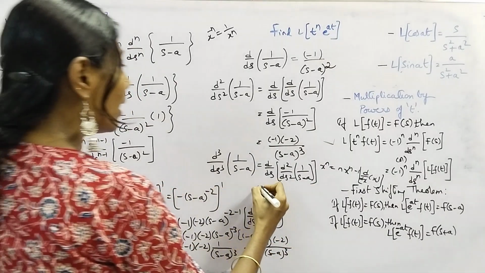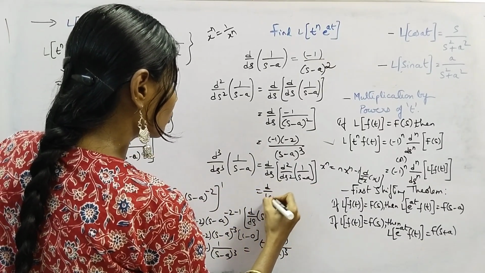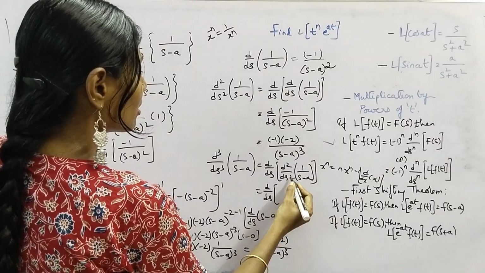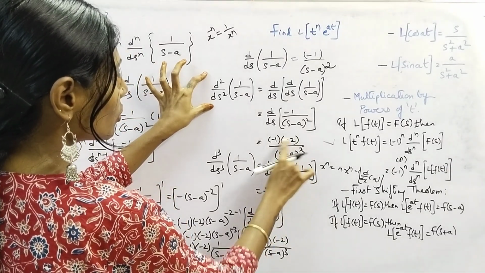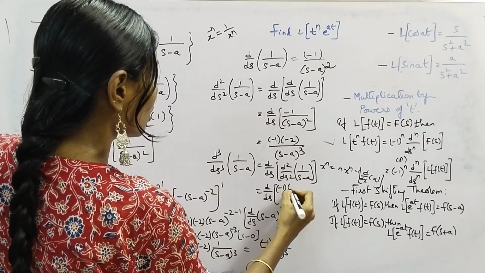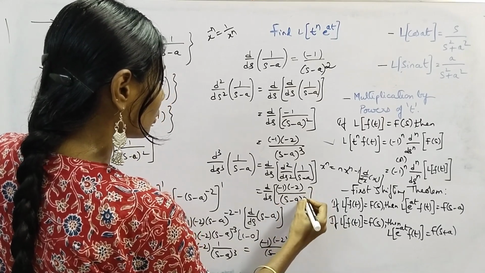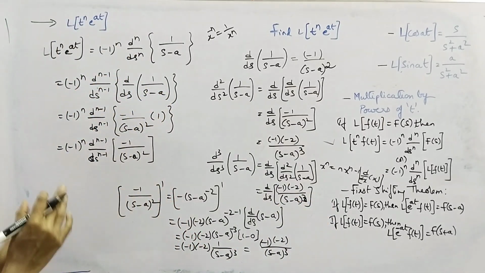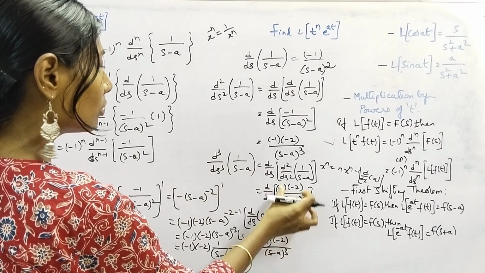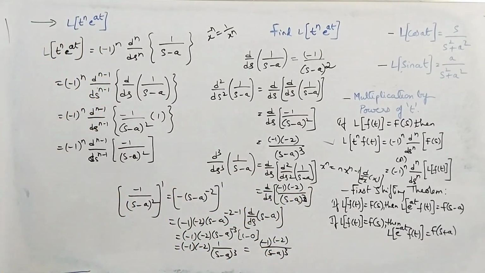I have the value of d square by ds square of 1 by s minus a, which is minus 1 into minus 2 by (s minus a) whole cube. Clear? Now let's find the derivative of this part and see what we get. Just observe, okay? Don't be in a hurry. This is not a video for people who are in a hurry. If you want to learn, please observe.